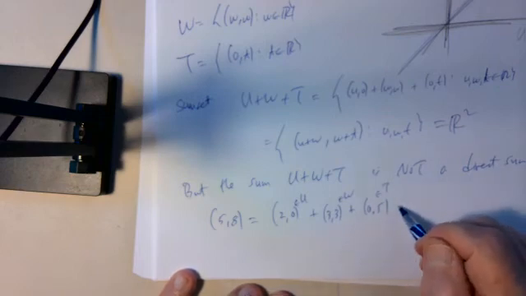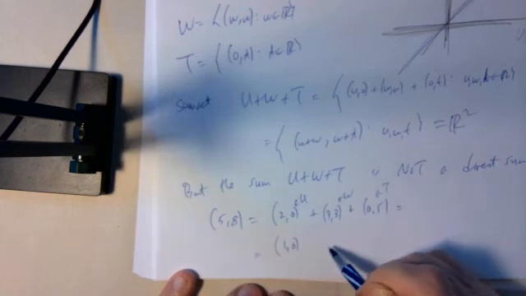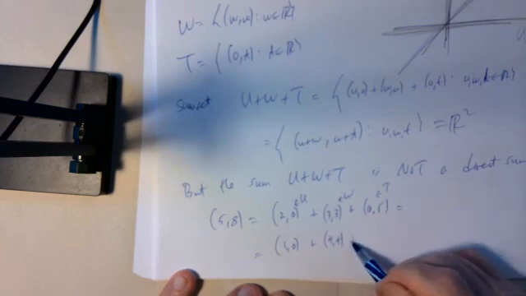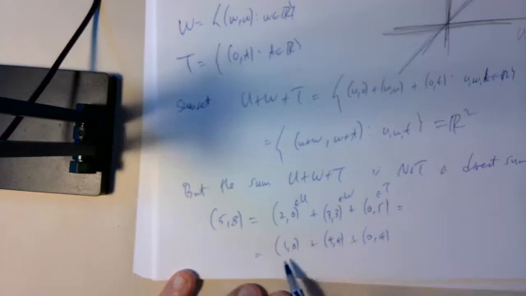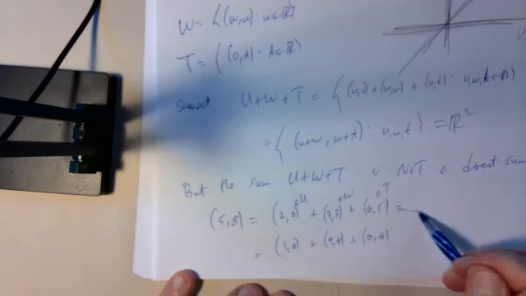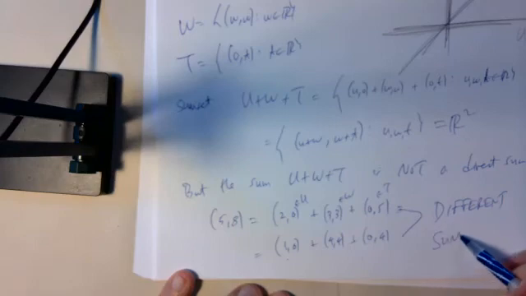But I can also write this, for example, as (1, 0) plus (4, 4) plus (0, 4). This is in U, this is in W, this is in T. And these are different summands.